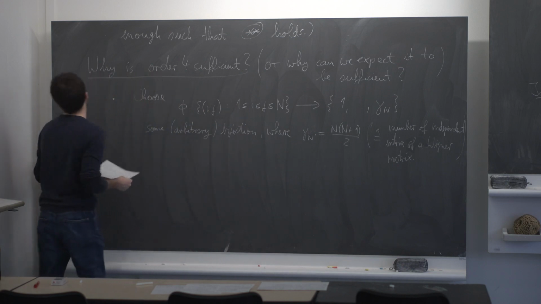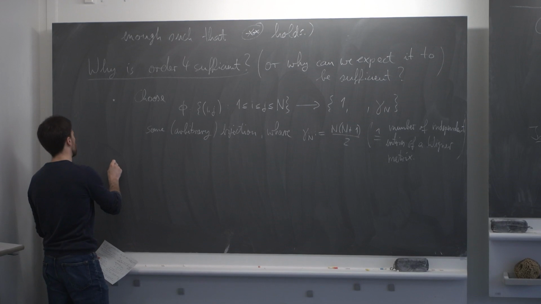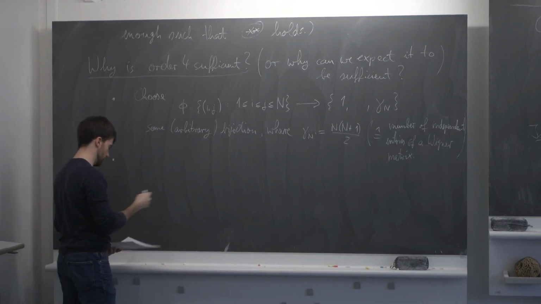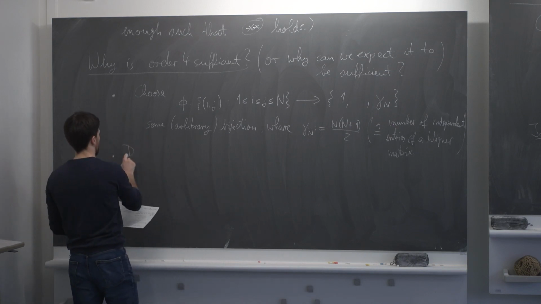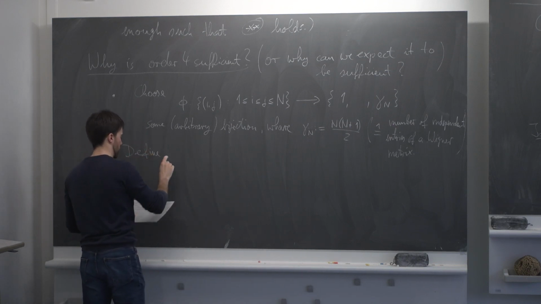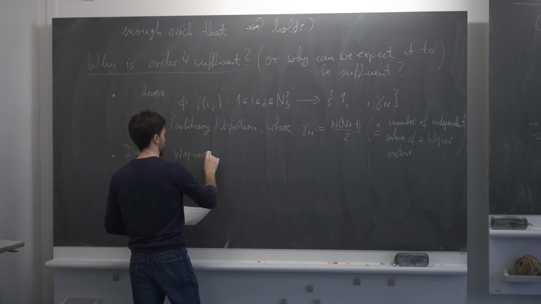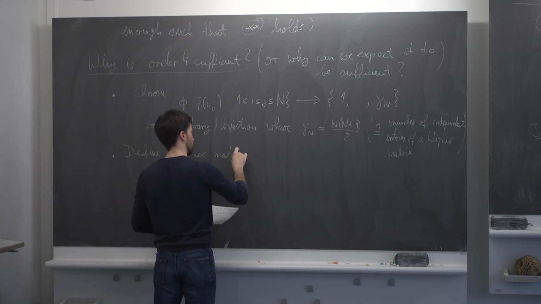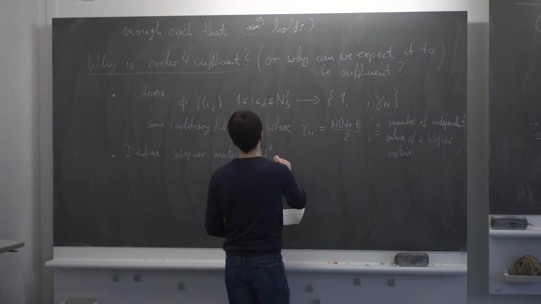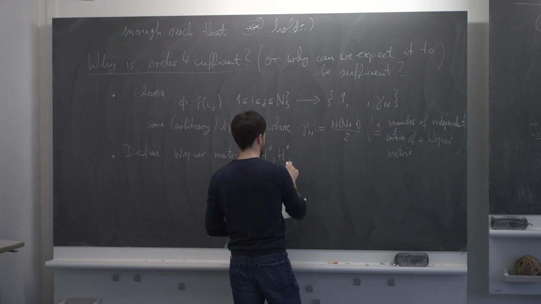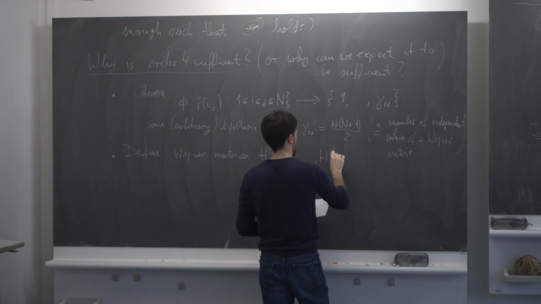Now we'll have a whole family of Wigner matrices where the entries are replaced one by one. I define Wigner matrices starting with H0, which is the matrix H, then H1, and so on up to H gamma n.